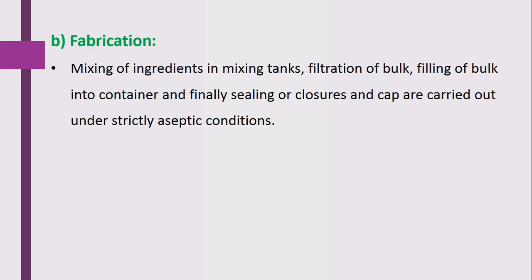And the aseptic area is an area free from foreign particles as well as microorganisms. So in the aseptic area there are two sections, the entry section and the fabrication section.